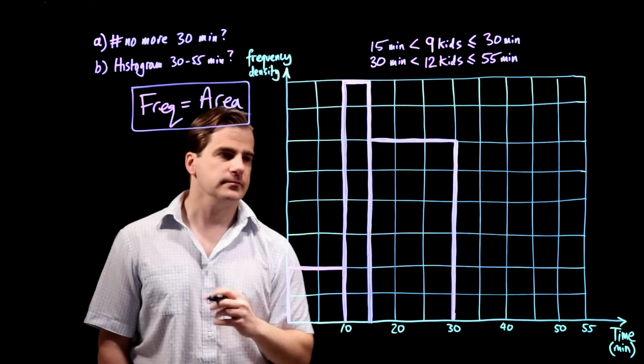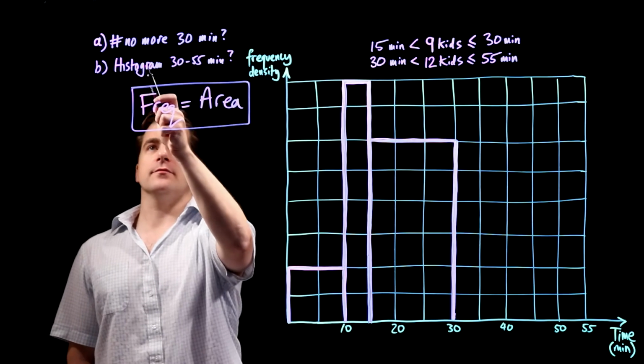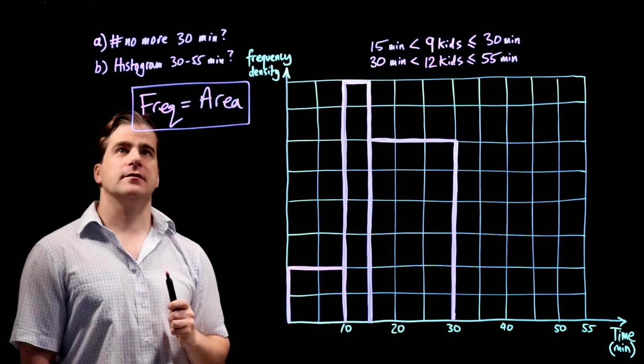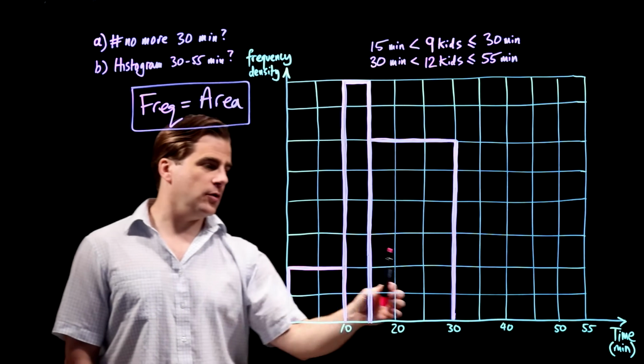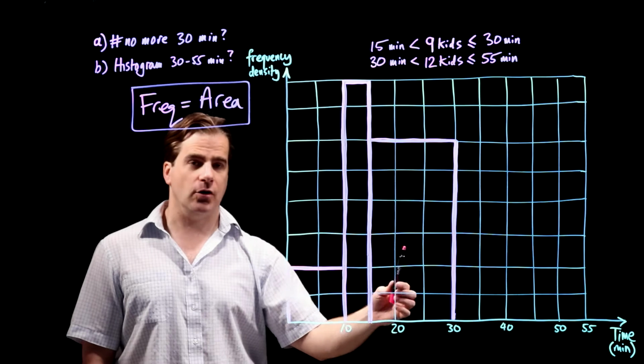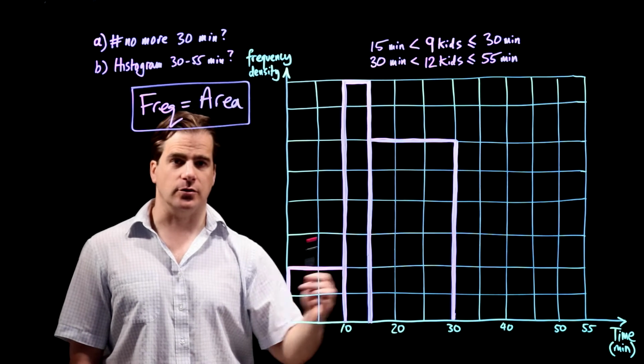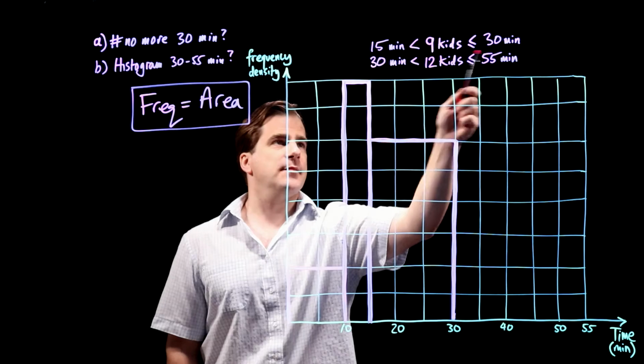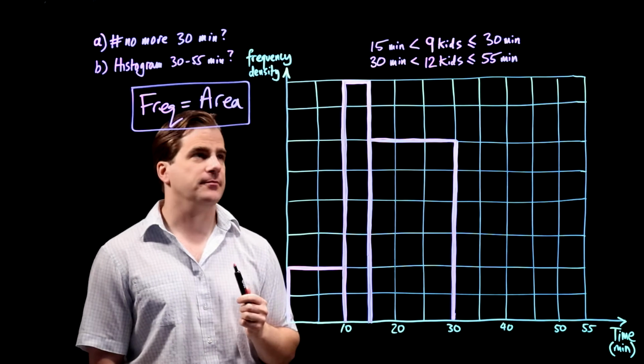So, part A, we have to work out the number of kids who take no longer than 30 minutes to travel to school. This is the information they've given us in the question to go by.